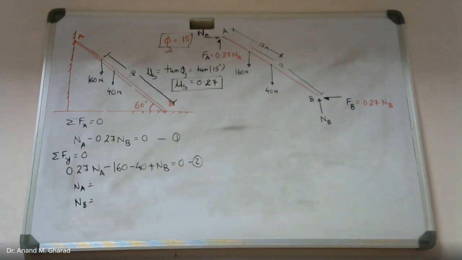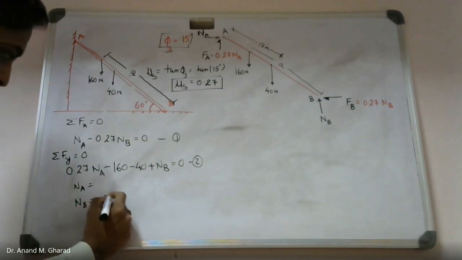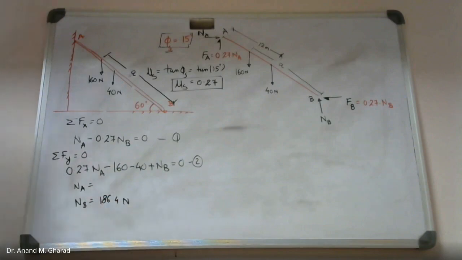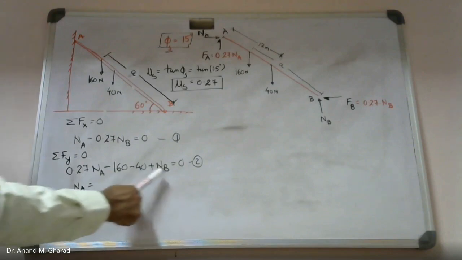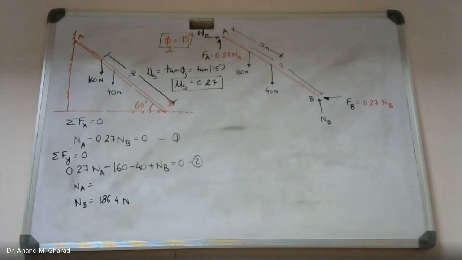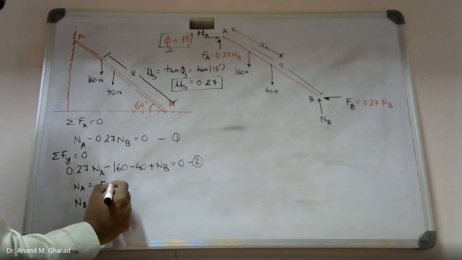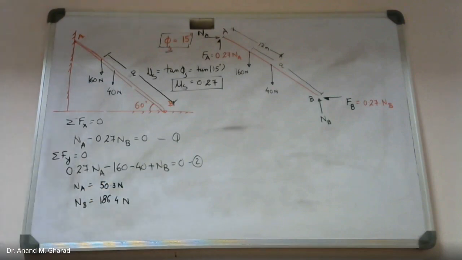Yes, what are the values? Sir, NB equals 186.39. Acha, 186.4, let's say. And what about NA? Is it 50.3? Yes, sir, 50.3. 50.3, okay.